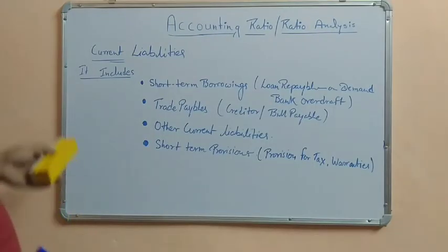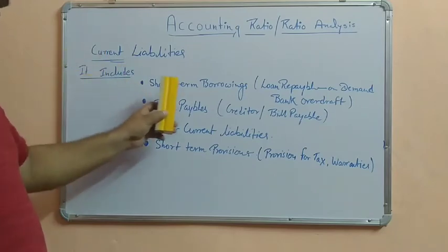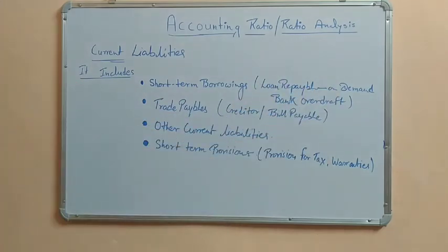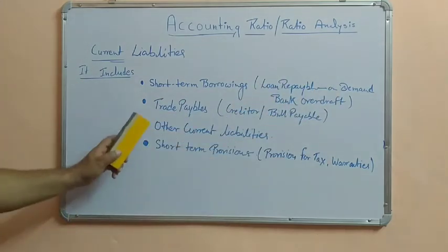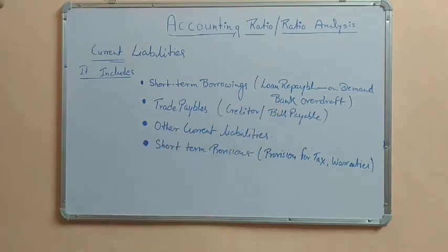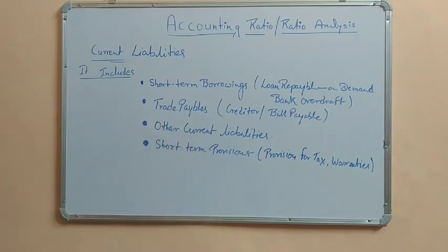So let us see what items are included in current liabilities. It includes short-term borrowings, that is loan repayable on demand, bank overdraft, cash credit. Second is trade payables, which includes creditors and bills payable. Third is other current liabilities. It includes interest accrued, unclaimed dividend, and calls in advance.